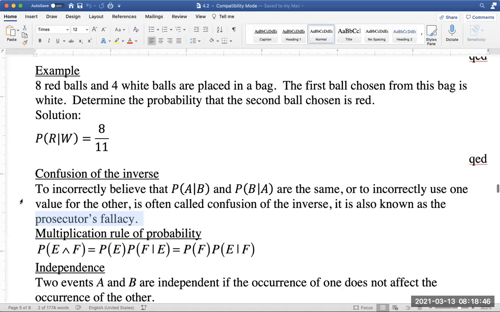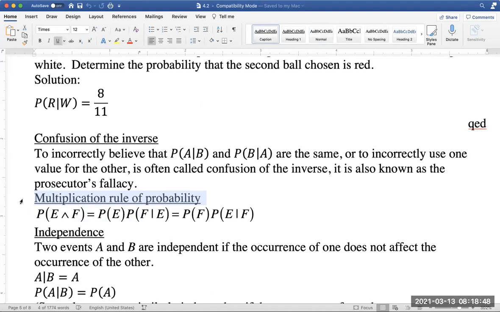So don't confuse the two. A given B is not the same as B given A. Those are two completely different events.